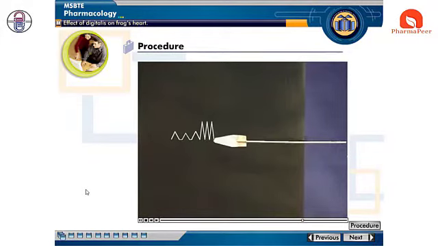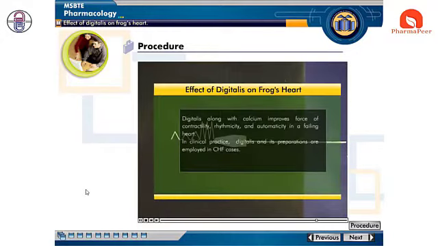Repeat the same with 0.2, 0.3 and 0.4 ml each of digoxin and calcium chloride solution for further improvement in cardiac activity till the normal state is attained.